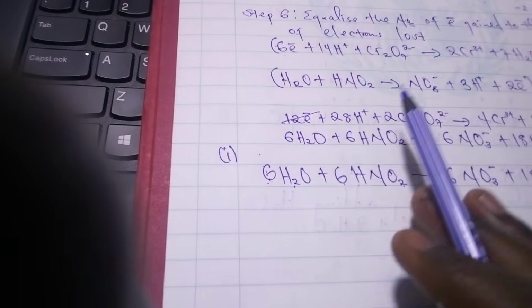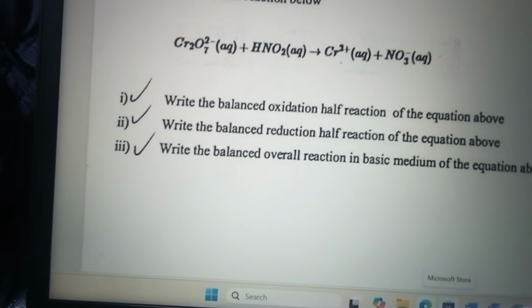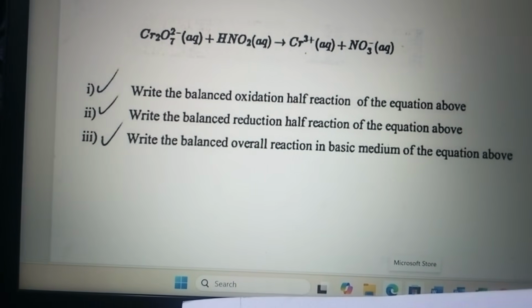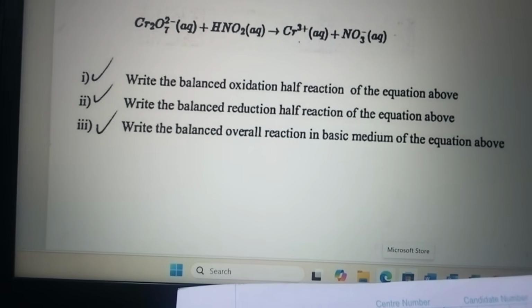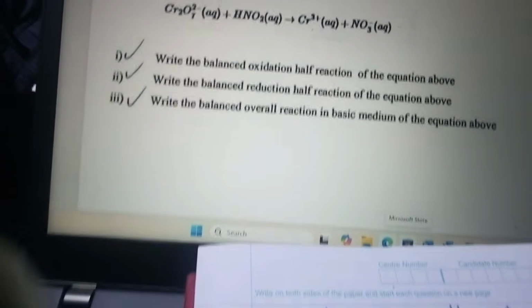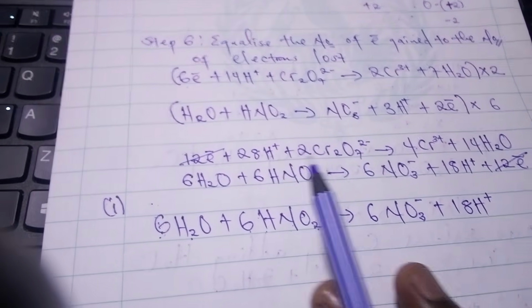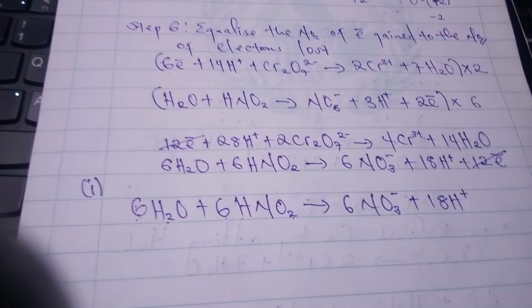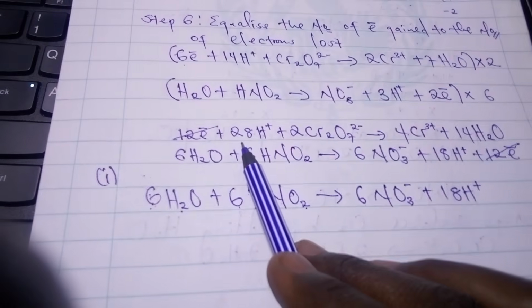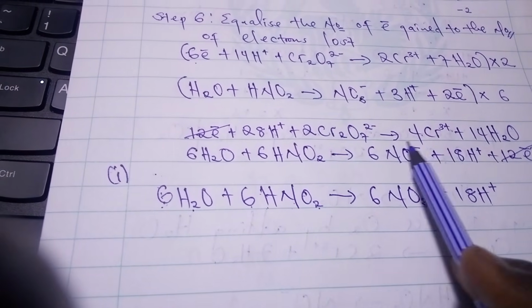So we go to the second one, where they are saying write the balanced reduction reaction of the equation above. To do that, we said the equation that was undergoing reduction is this one, that is on top.